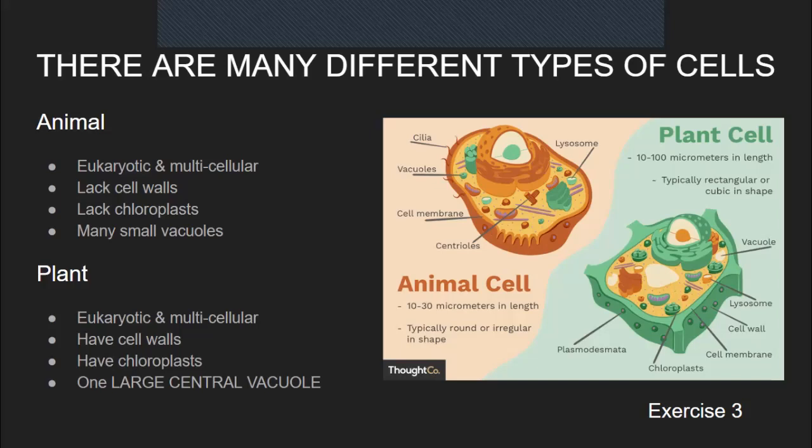And then the last thing that's unique in plants is chloroplasts. Chloroplasts are going to look something like this in your pictures. They'll always be this kind of round or, not quite round, but oblong shape with something that looks like stacks inside it.